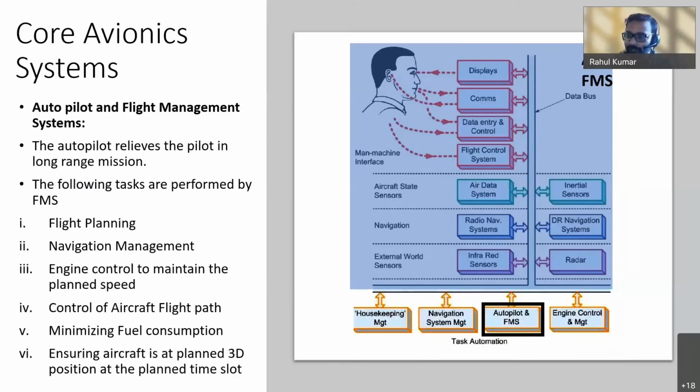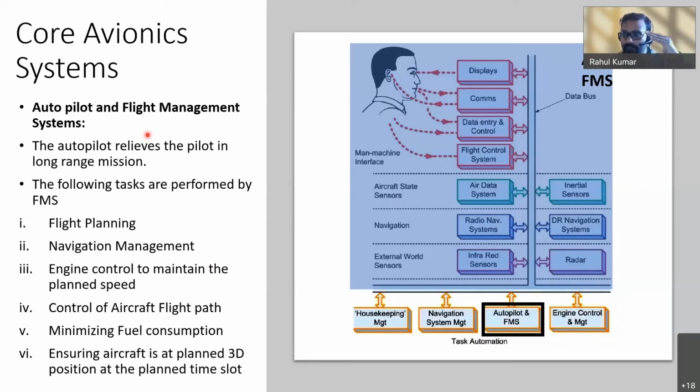Then you have the autopilot system, which is quite common in most commercial aircraft. The autopilot system can be operated in various modes. You would have height hold. You can operate the autopilot in height hold mode, so it will maintain the altitude of the aircraft, right? Then you can also operate in heading hold.